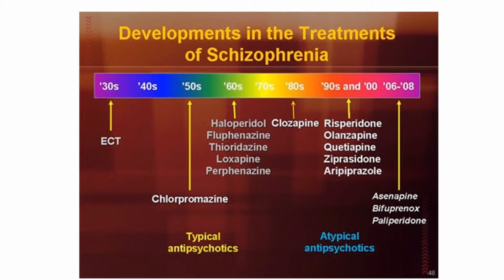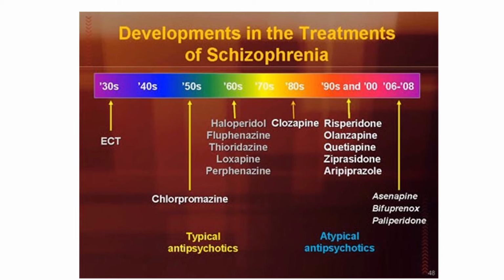They can still be used. They're used much less frequently because of a lot of the adverse effects they were causing for patients. And in particular, we'll talk about other adverse effects, but they were also very sedating as well. Okay. In the 80s, came up with a drug called clozapine that we'll talk about.